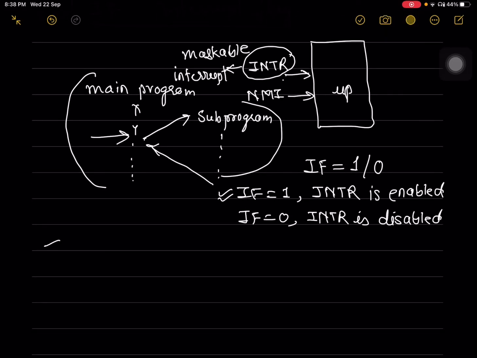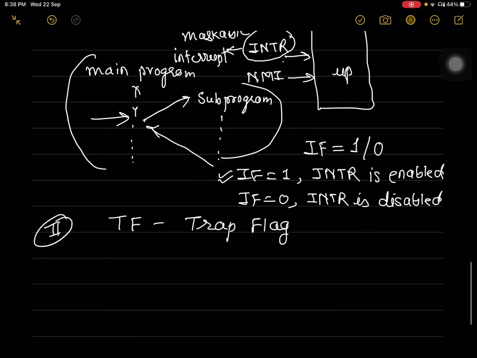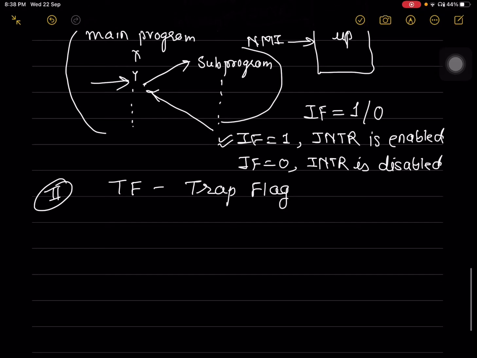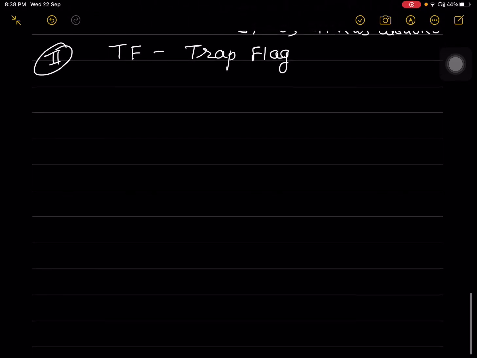The second control flag in microprocessor is TF, which stands for trap flag. The trap flag is related with the execution of the program in microprocessor.